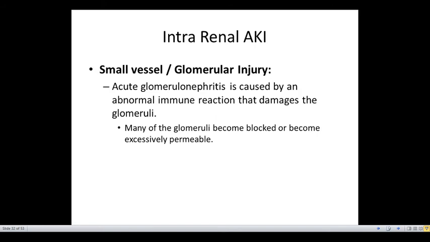The small vessel or glomerular injury, known as acute glomerular nephritis, is caused by an abnormal immune reaction that damages the glomeruli. Many of the glomeruli become blocked or become excessively permeable, leading to a decrease in the renal function.